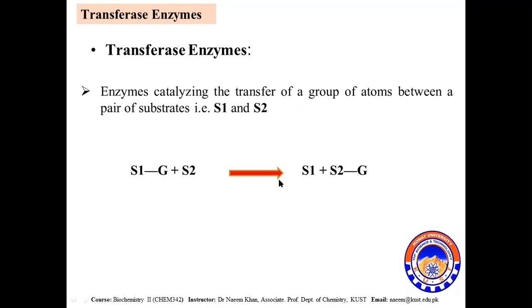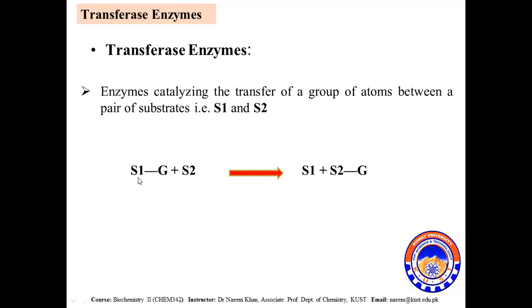Such a reaction is catalyzed by a specific enzyme, because biochemical reactions are catalyzed by specific enzymes. So any enzyme which catalyzes such a reaction will be called a transferase enzyme. Once again, transferase enzymes are the enzymes catalyzing the transfer of a group of atoms from one substrate S1 to substrate S2.